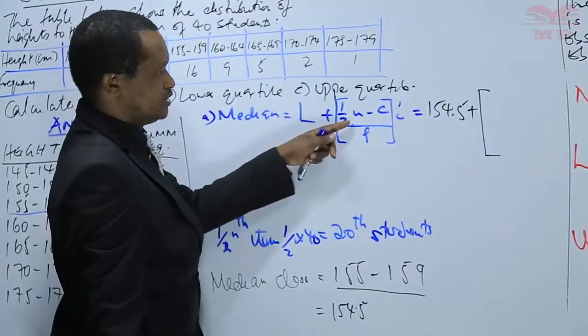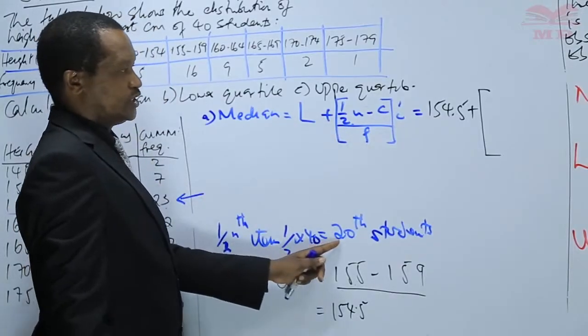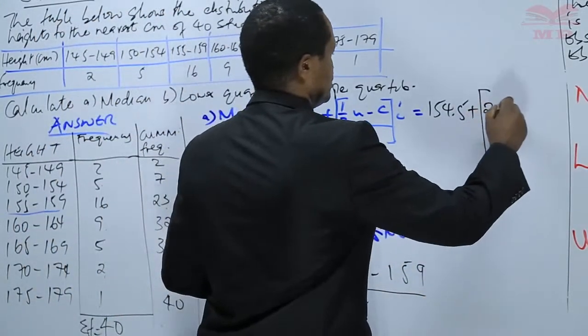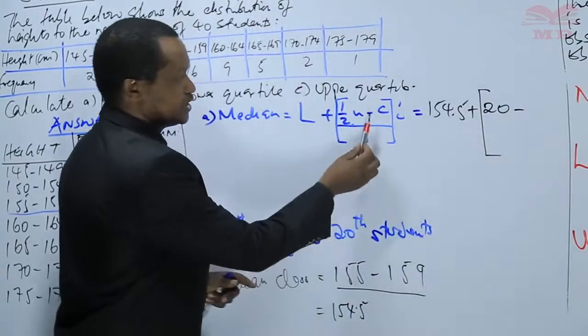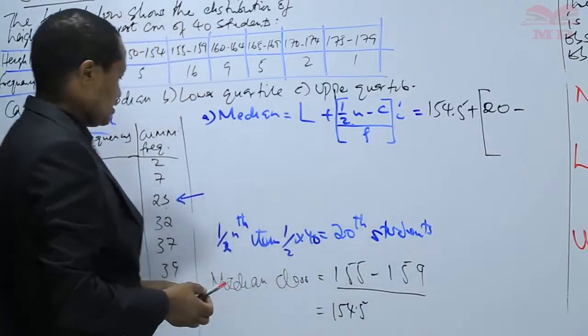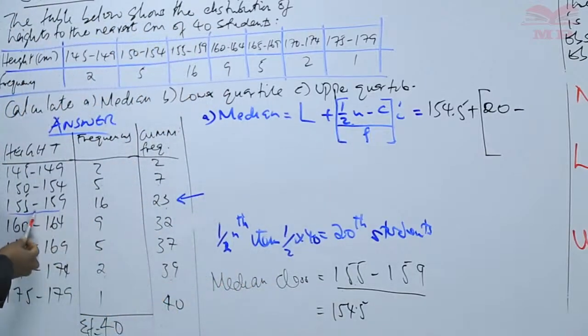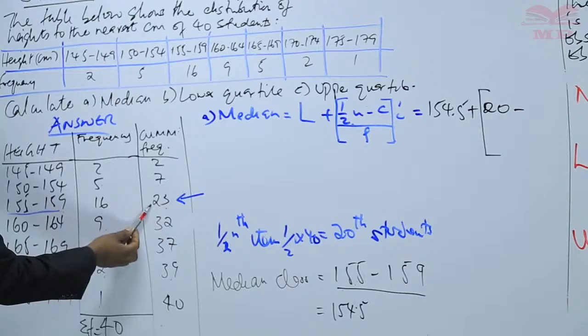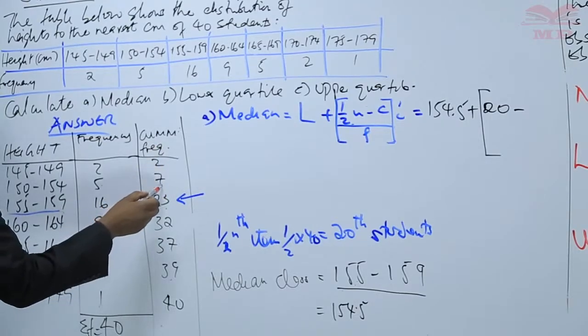Then we add half of n, which we saw is 20. So we have 20 minus the cumulative frequency above the median class. If this is the median class, then the cumulative frequency above it will be 7.